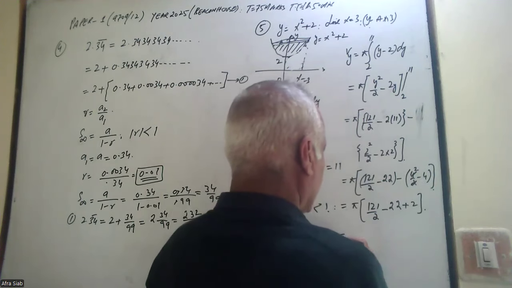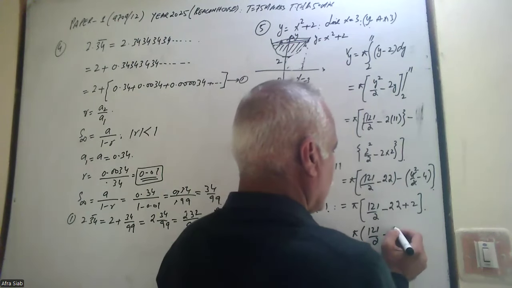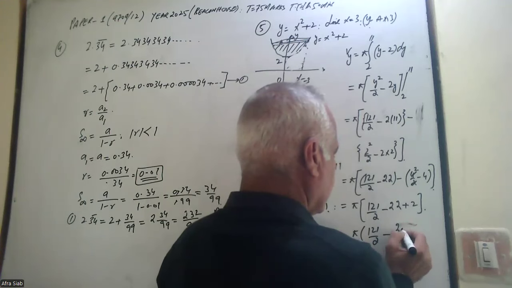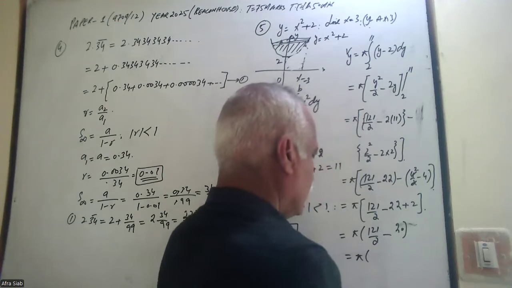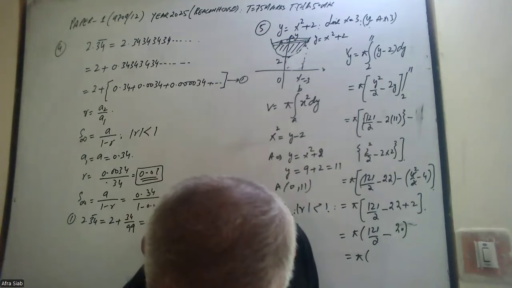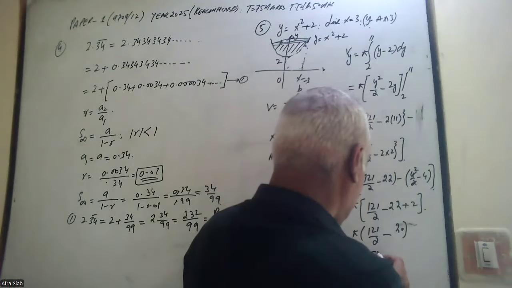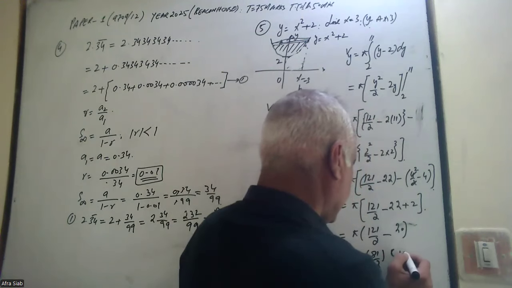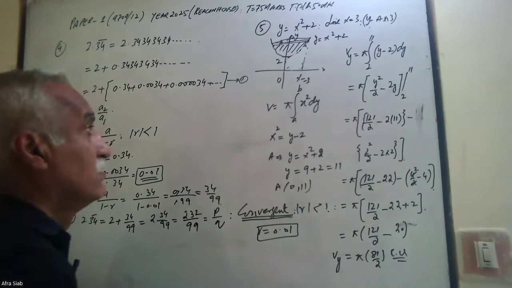So that is equal to pi into 121 over 2 minus 20, and that value will be equal to pi into 81 over 2 cubic units, which is the volume about the y-axis of this question.